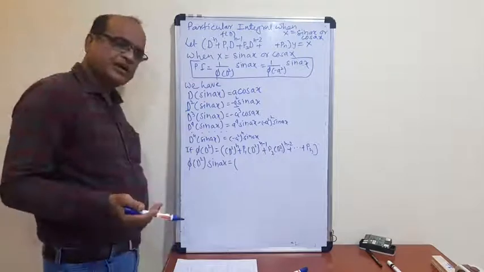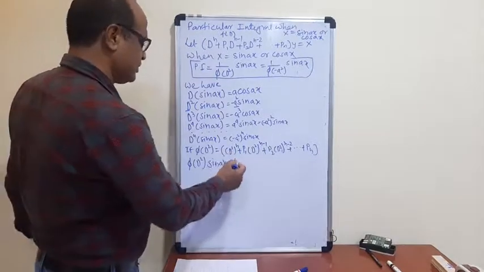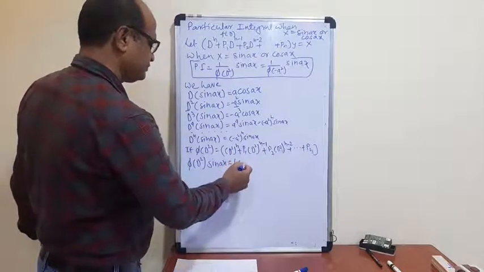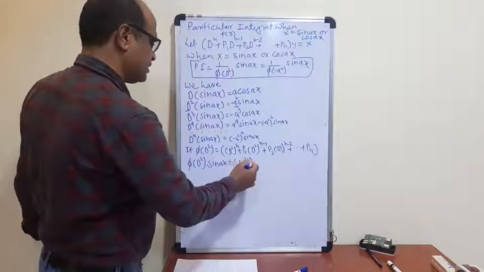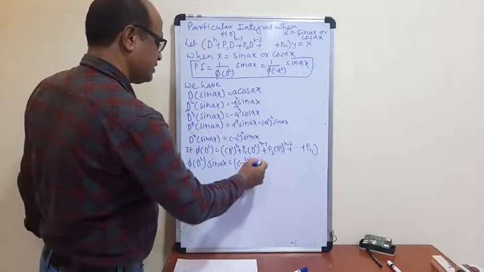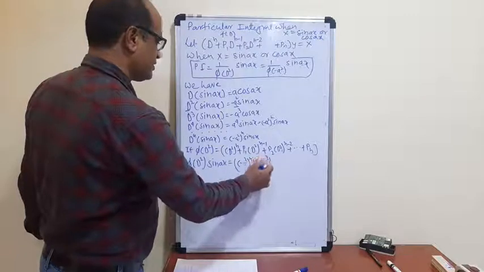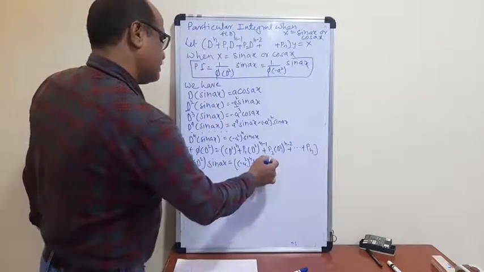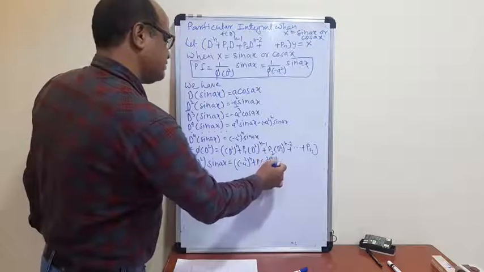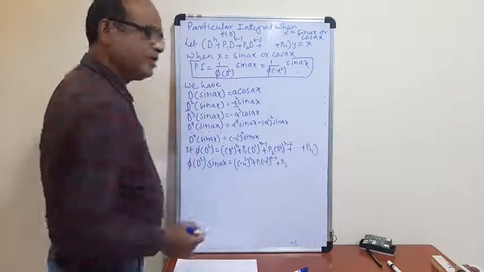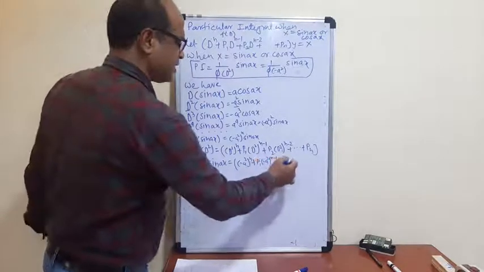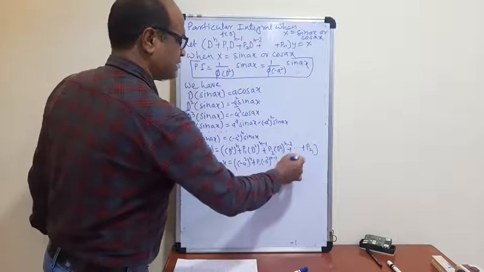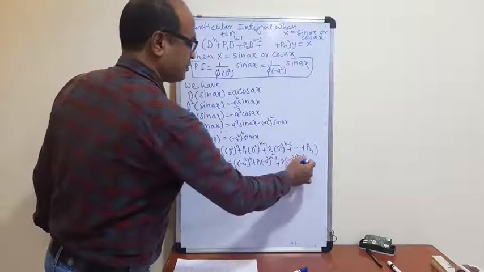So put d square equal to minus a square: minus a square raised to n, plus minus a square raised to n minus 1, plus p2 times minus a square raised to n minus 2, and so on, pn.